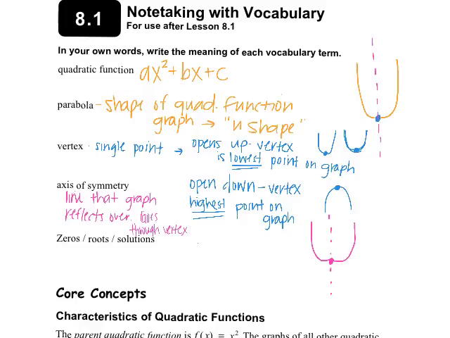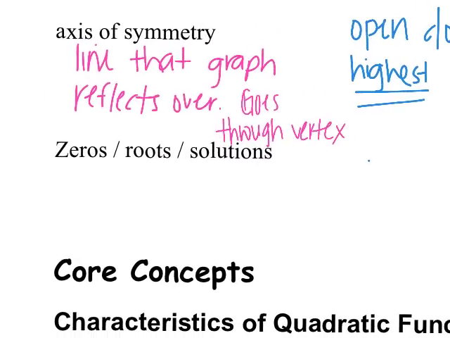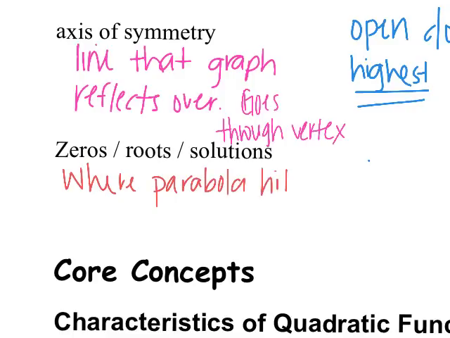You can call it any of those. But what that means is this is going to be where the graph hits the x-axis. So where the parabola hits the x-axis.